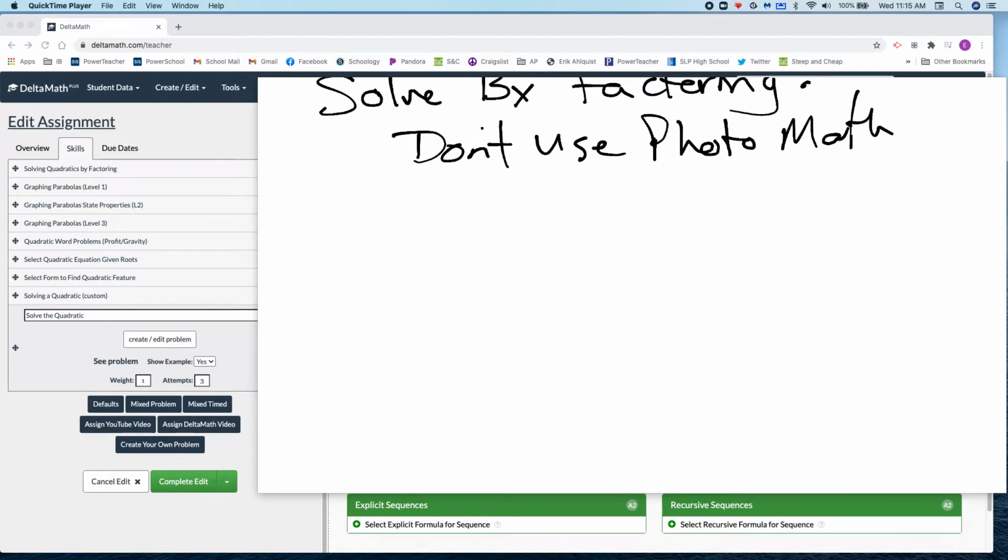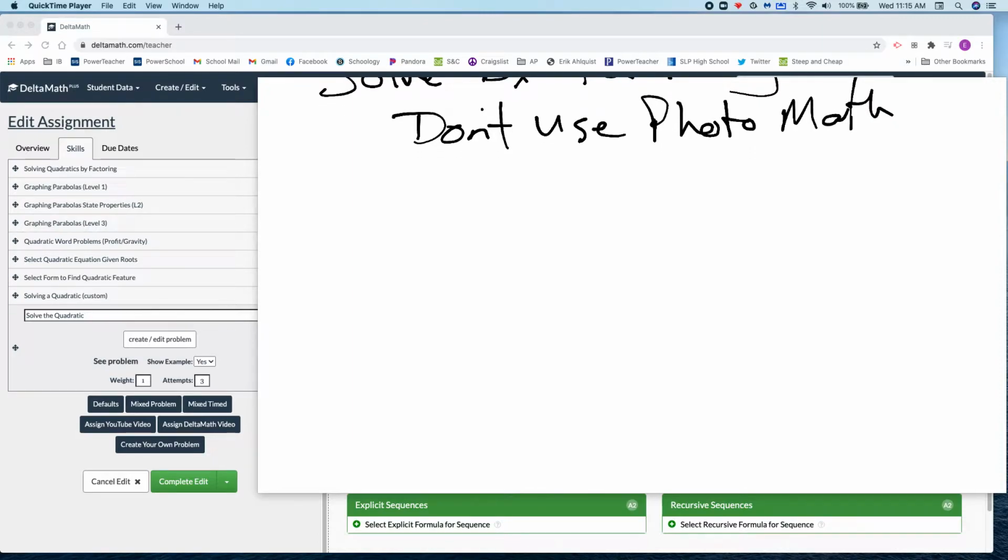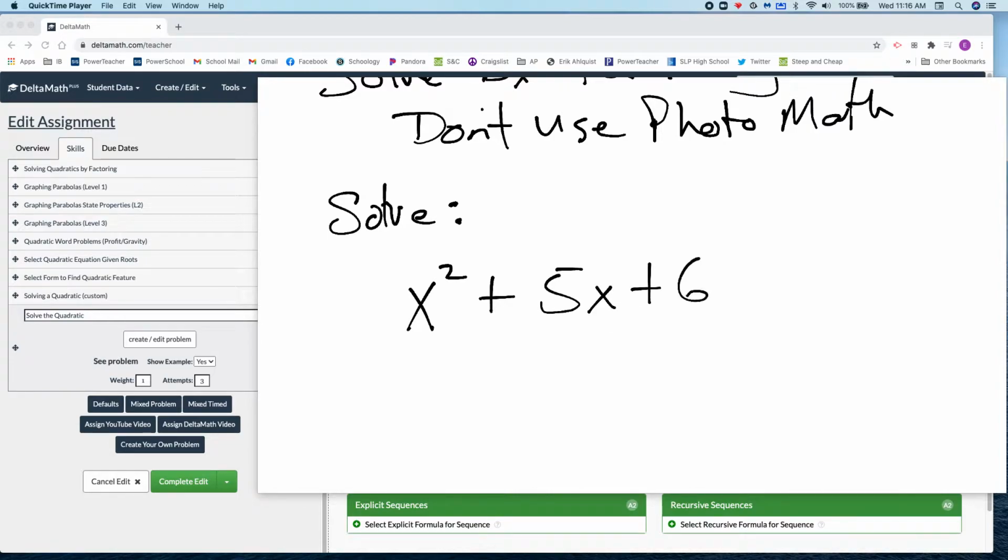So here's the idea. Let's say I gave you a problem like this, and it was solve something like x squared plus 5x plus 6 equals 0.